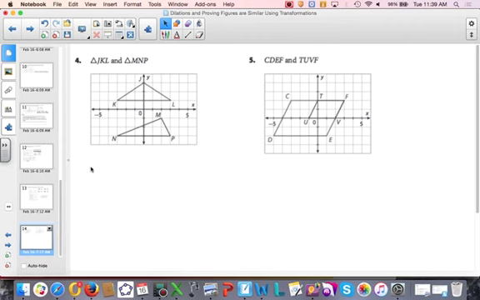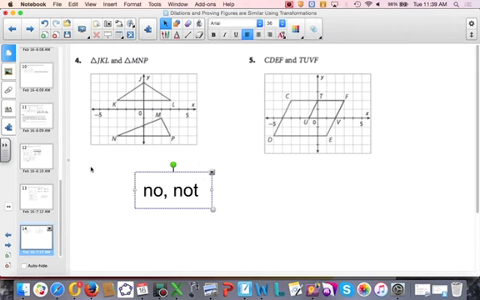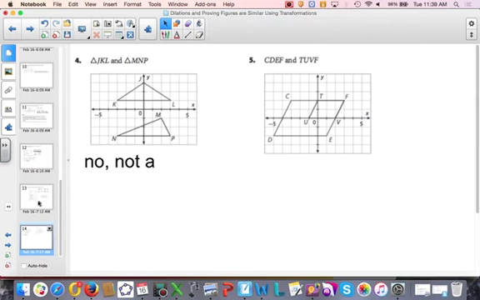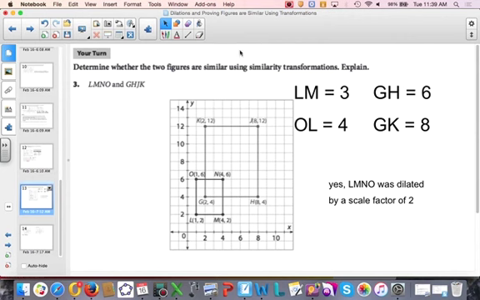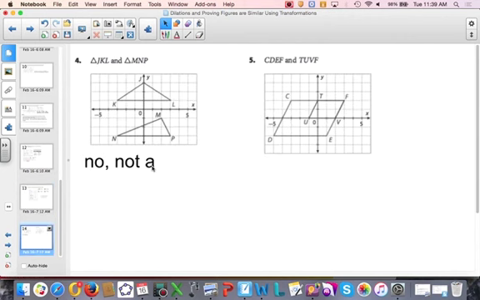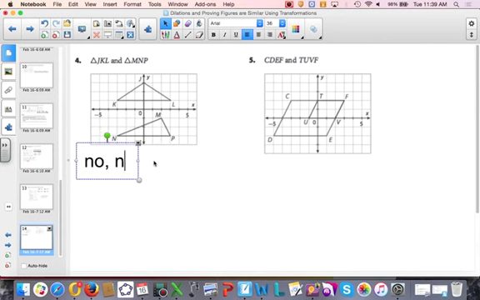So for number 4, no, this is not a similarity transformation. How is the question phrased? Are the figures similar? No, they are not. There is no similarity transformation.